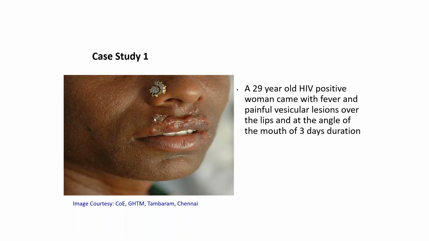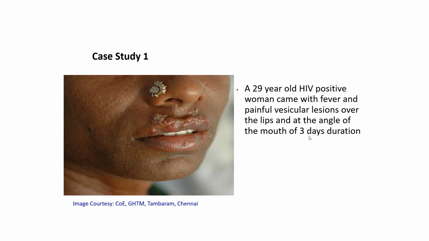Some of them are also pustular because they are likely to get secondarily infected very soon. Some of them are there at the angles of the mouth. This is herpes simplex, also called HSV1, as rightly pointed out by Anisha. So Anisha, Harshita, Bhavika, and many others have said this is herpes simplex. So this is herpes labialis.